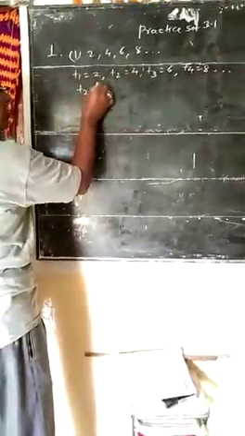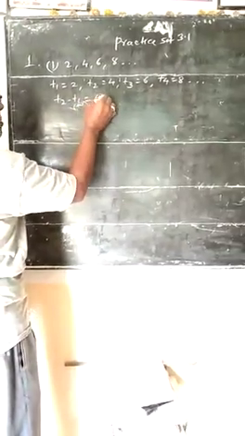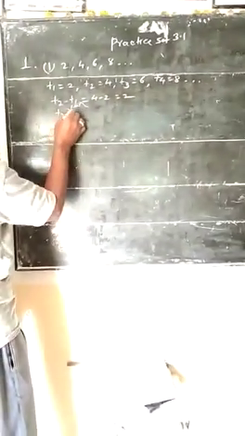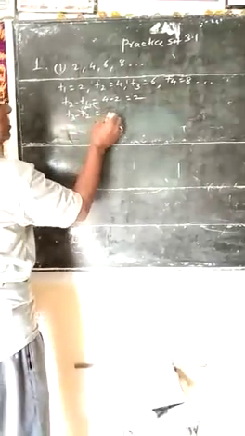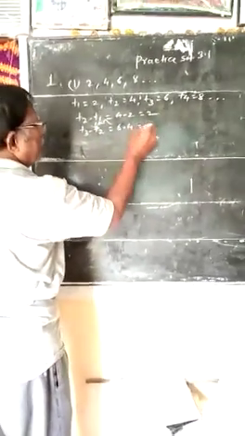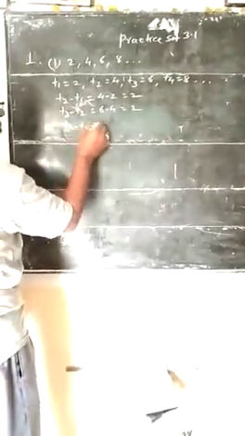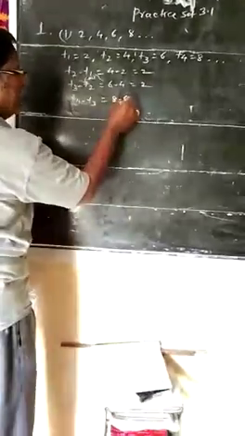T2 minus T1, 4 minus 2 is equal to 2. T3 minus T2, 6 minus 4, 2. T4 minus T3, 8 minus 6, 2.